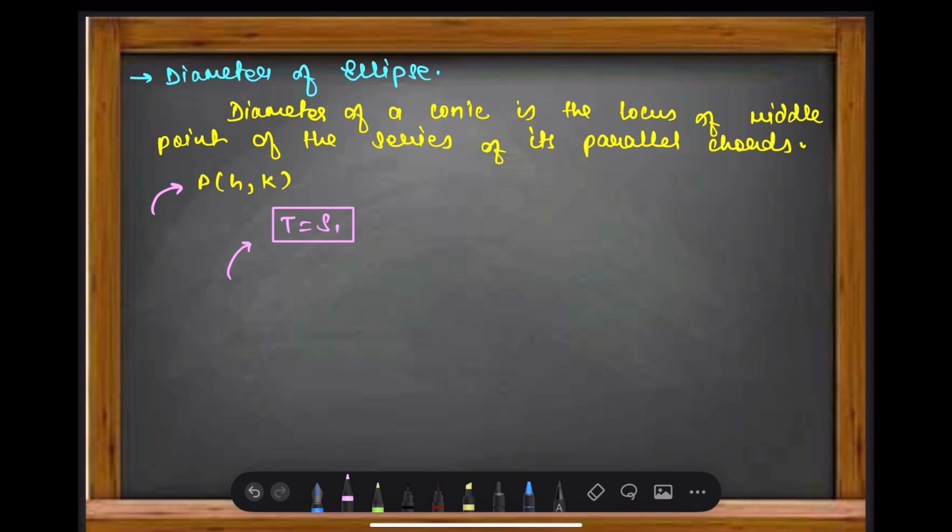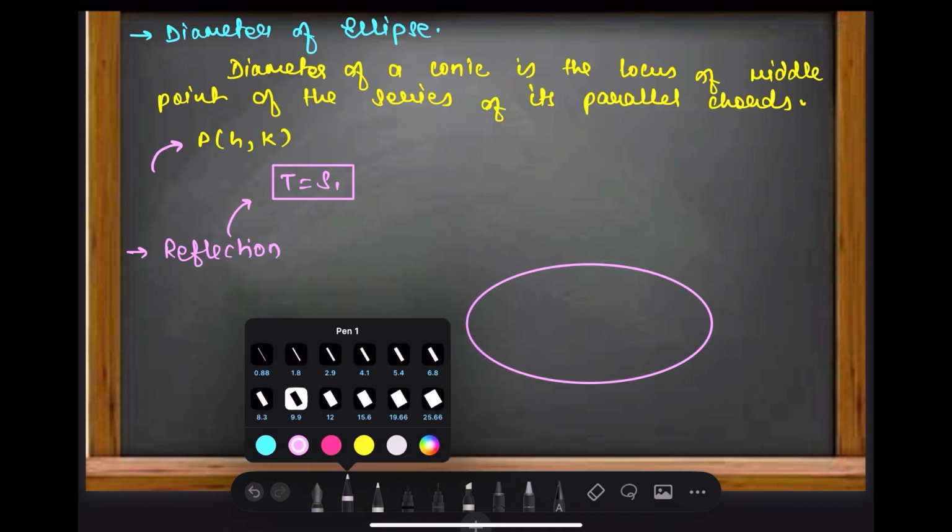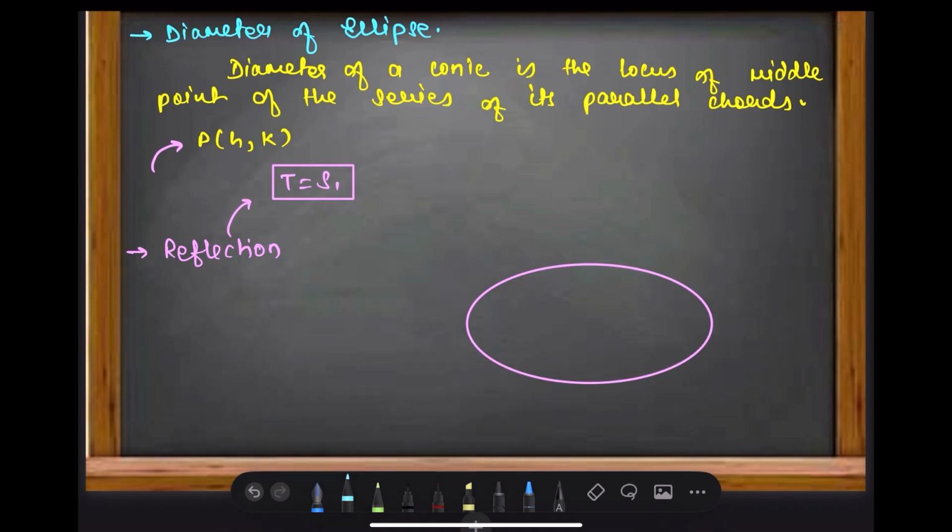Is it okay? Now we have another property which is related to reflection. Suppose you have an ellipse. Okay, so what will happen? A ray of light will pass. Suppose it is foci.